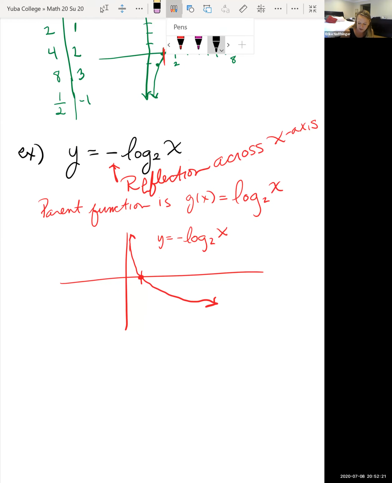So let's go a little bit further. What if it was y equals still that negative in front of the log, so negative log base 2, but this time we have a negative in front of the x.